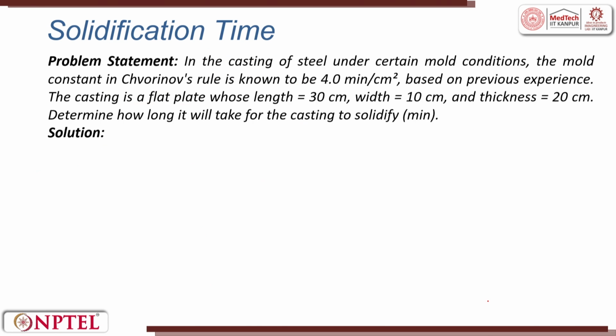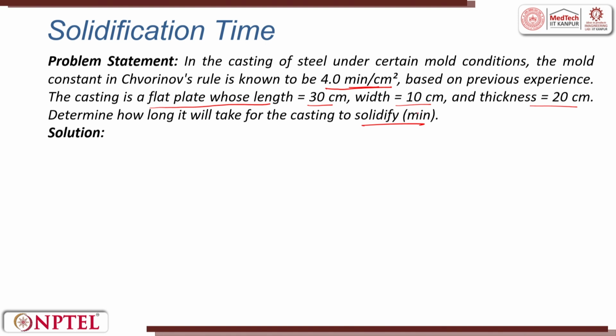Okay, another problem statement needs the volume to be calculated separately. This is a casting of steel under certain mold conditions. The mold constant in Chvorinov's rule is known to be 4.0 minutes per centimeter square. Just see the units, we need to convert it. Based on previous experience, the casting is a flat plate whose length is 30 centimeters, width 10 centimeters, thickness 20 centimeters. Determine how long it will take for the casting to solidify in minutes.